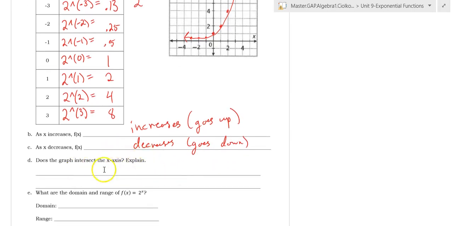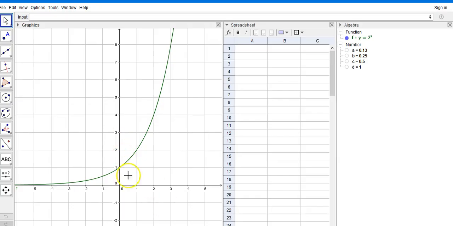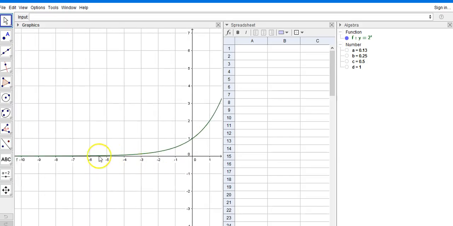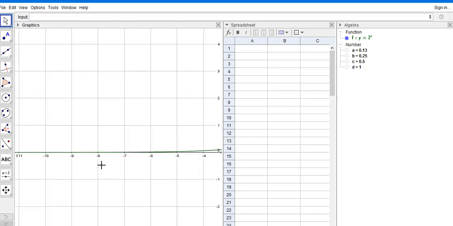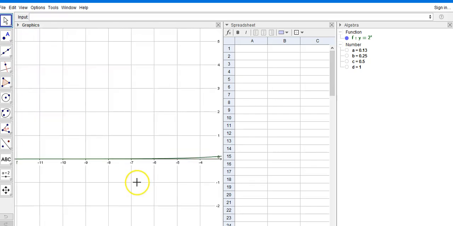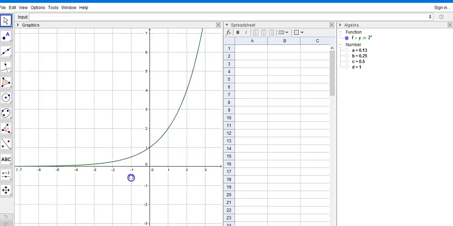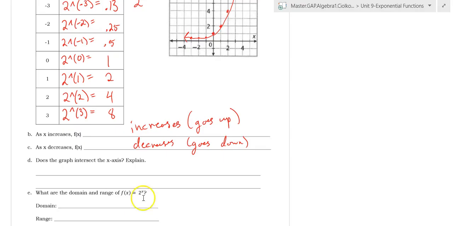For this one, it's not going to ever touch the x-axis. We can kind of look visually here. GeoGebra does a bit of a better job. So even as we move to the left here, it gets really, really small, but if you zoom in, it's never going to touch it. Because that's just, again, part of the exponentials. They don't cross that x-axis.